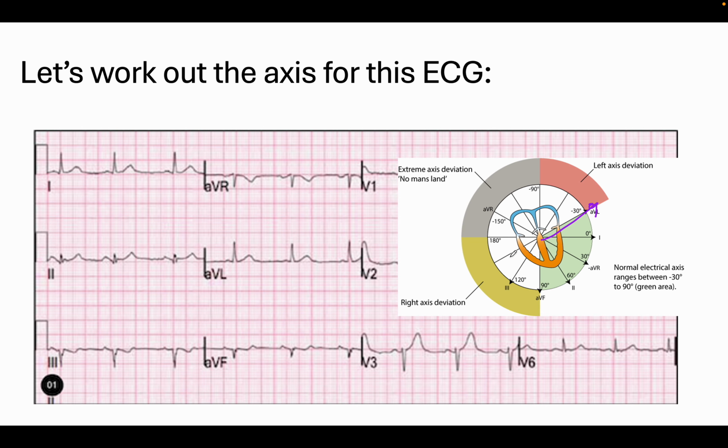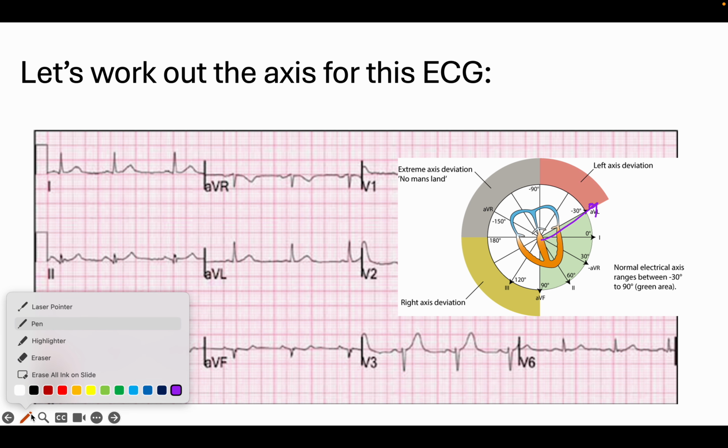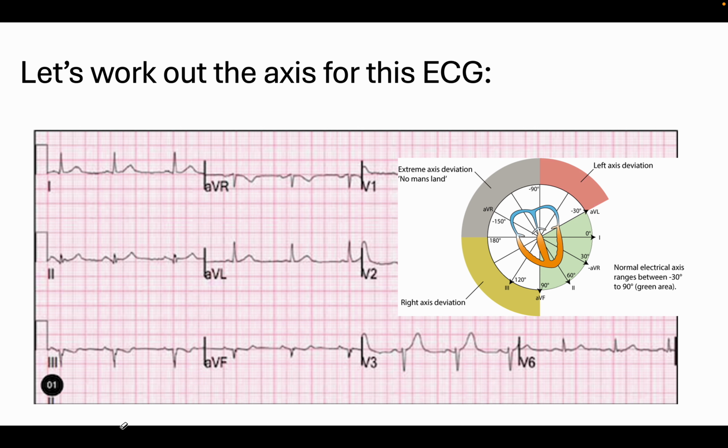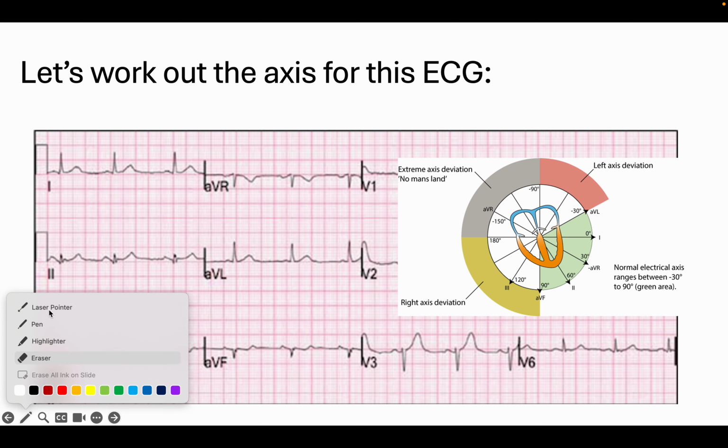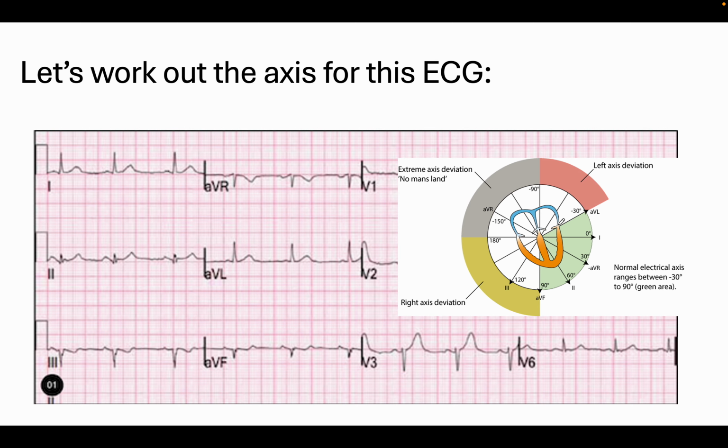And if we look at lead 3, we can see that's completely negative. So electricity isn't really going towards this side at all on an average basis. So we can say this has a level of left axis deviation. If I draw that in there, we say that the axis lies somewhere between -90 and -30, which is left axis deviation.